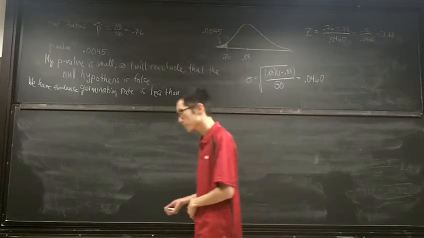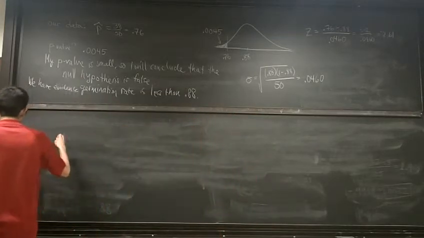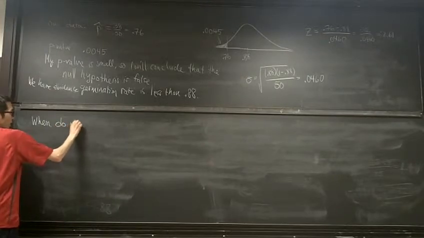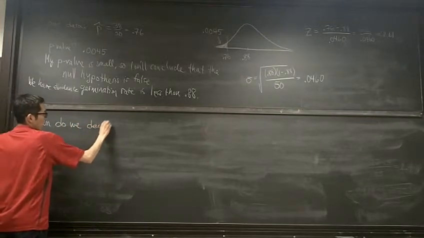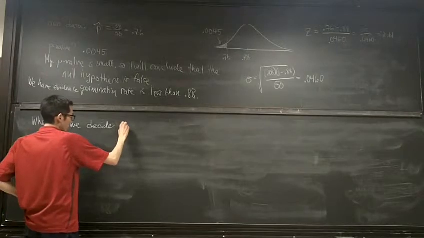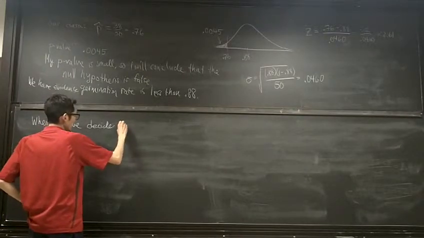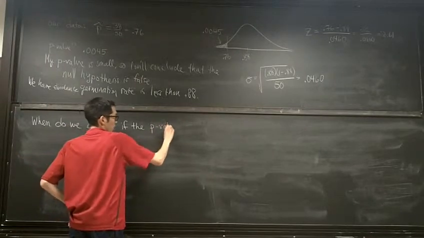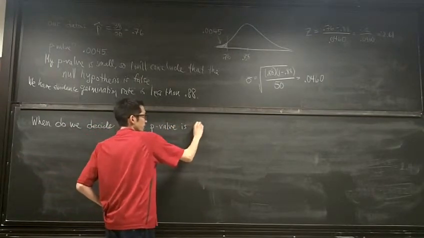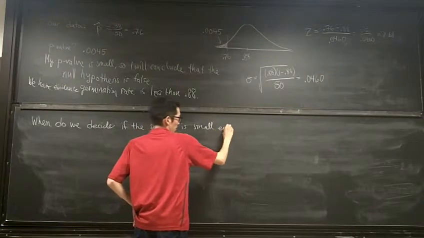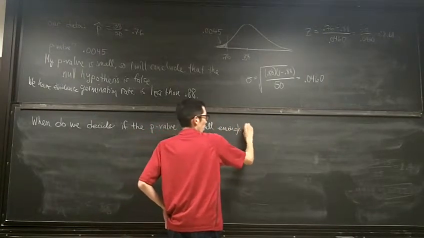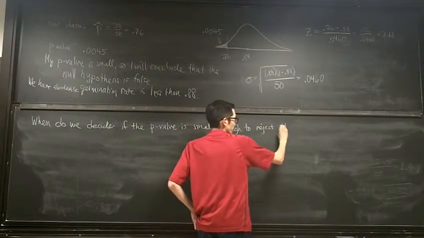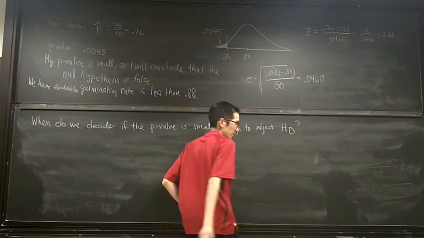Now, there's a caveat there, but so when do we decide that the p-value is small enough to reject the null hypothesis?